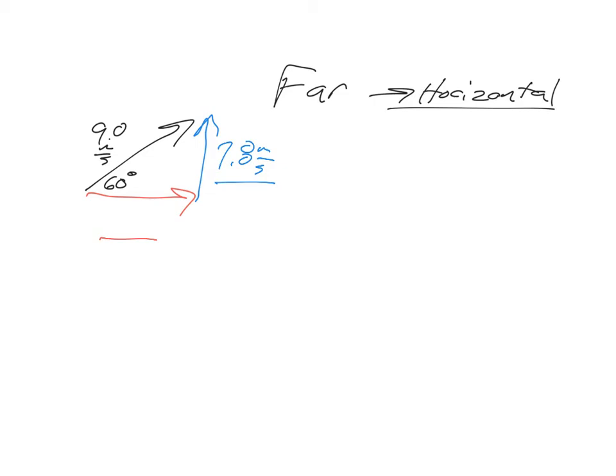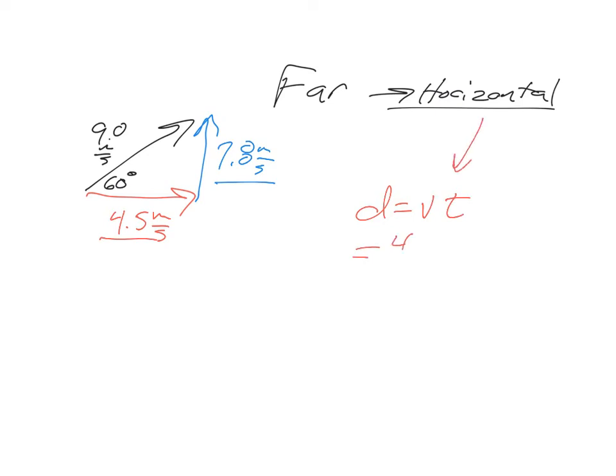Now I can do Pythagorean theorem with 9 squared minus 7.8 squared, and I'm going to square root my answer to get 4.5 meters per second. So how far is D equals VT? Remember, horizontal equation.